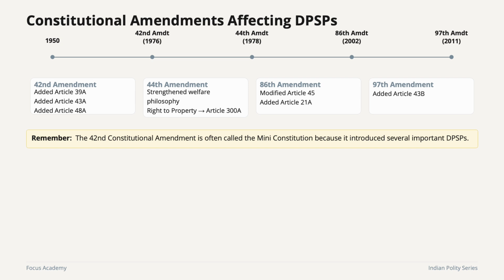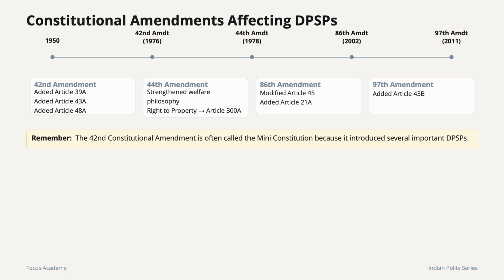Individual centric: like I said, fundamental rights are individual centric, right to equality, right to freedom of religion, and so forth. Very individual. But DPSP is society centric. Fundamental rights are enforceable, right? If they violate your fundamental right, you can approach the court for enforcement through the 5 writs: habeas corpus, mandamus, prohibition, certiorari, quo warranto, right?